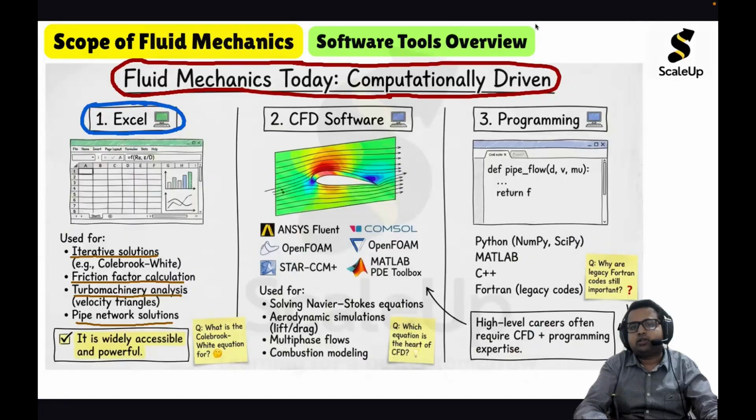We already know that Excel is widely accessible and powerful. Excel is a very important tool, and we make use of Excel in the study of fluid mechanics also.